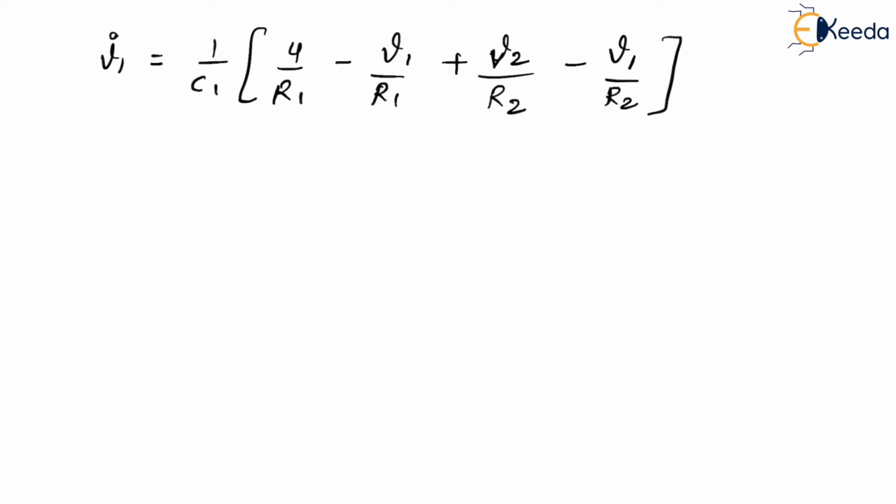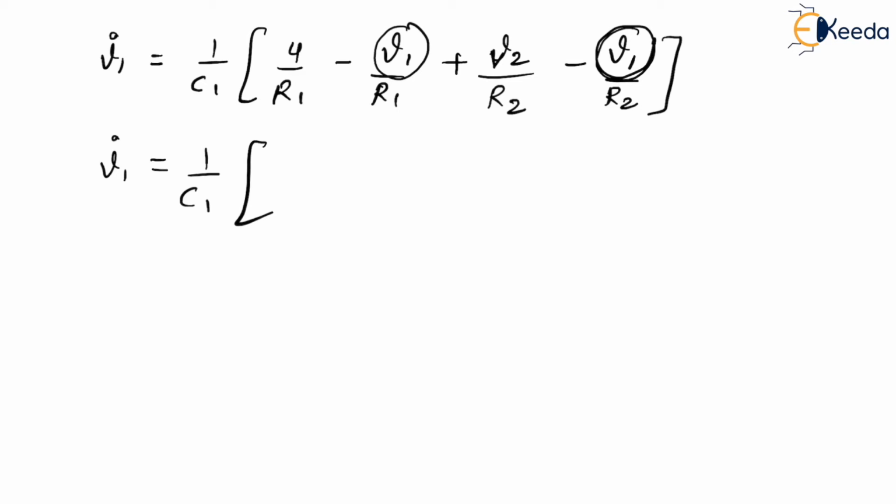Now if you think of this one, let me rearrange it one more time. So this V1 dot is going to be 1 by C1 into, because if you observe here, this V1 and this V1 are actually the same.